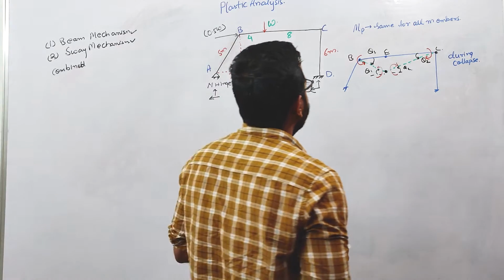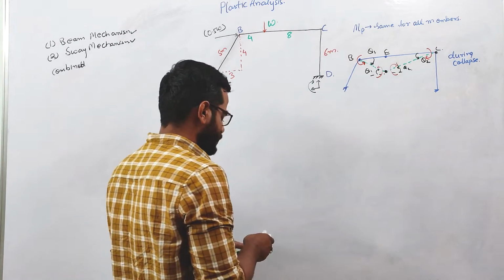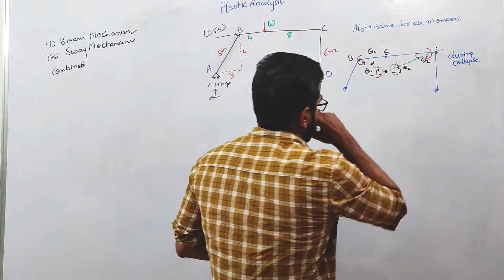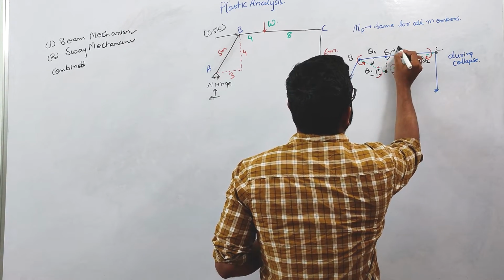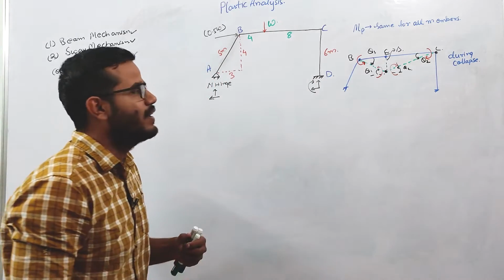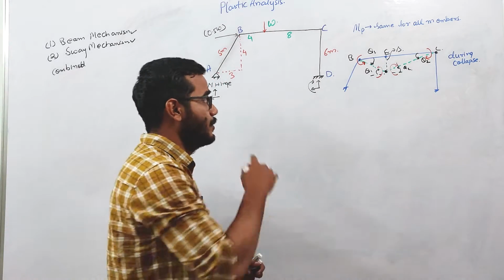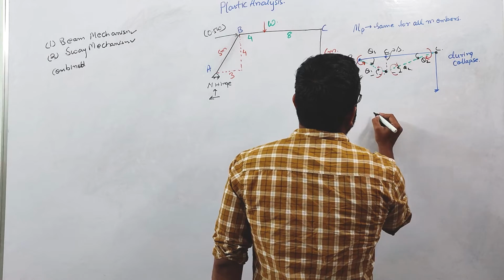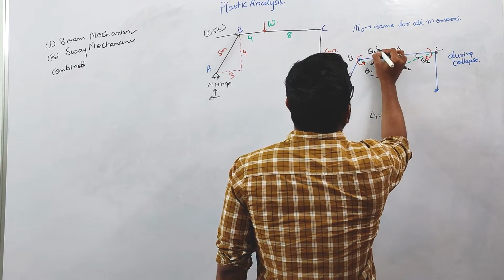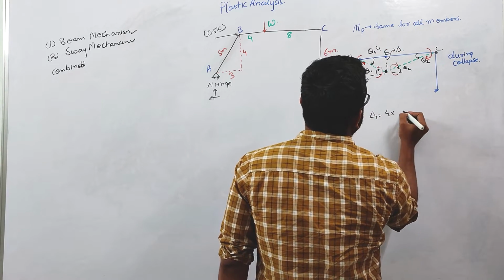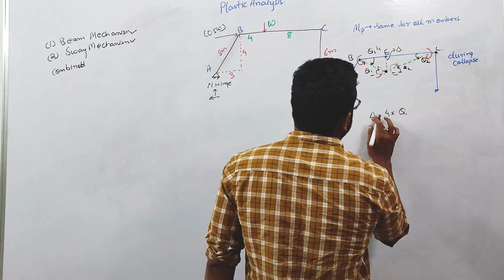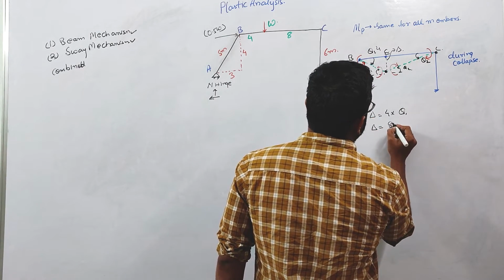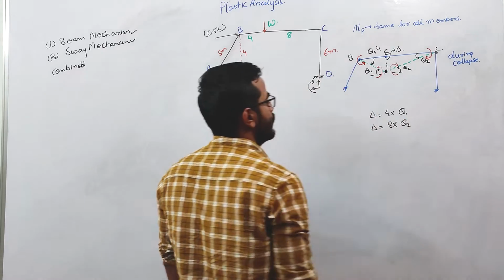So now if you calculate the collapse load here, and this deflection, let us suppose this is delta. First, let us find the relation between this theta 1 and theta 2. Okay, so delta I can write as 4 into theta 1. Similarly, delta will be equal to 8 into theta 2.